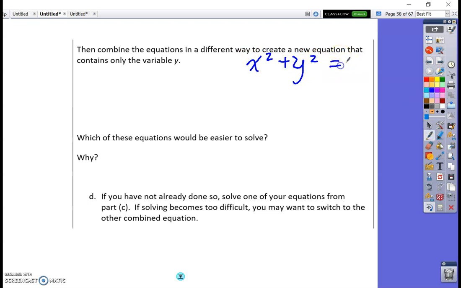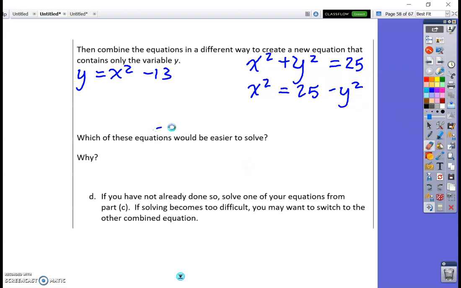To get y as the only variable, I'm going to have to get, no, actually that's not too bad. Get x squared alone, so we get 25 minus y squared. And so my other equation was y equals x squared minus 13. And so I can replace x squared, see how I have x squared and x squared, I can replace that way. And so I will have y equals 25 minus y squared minus 13.